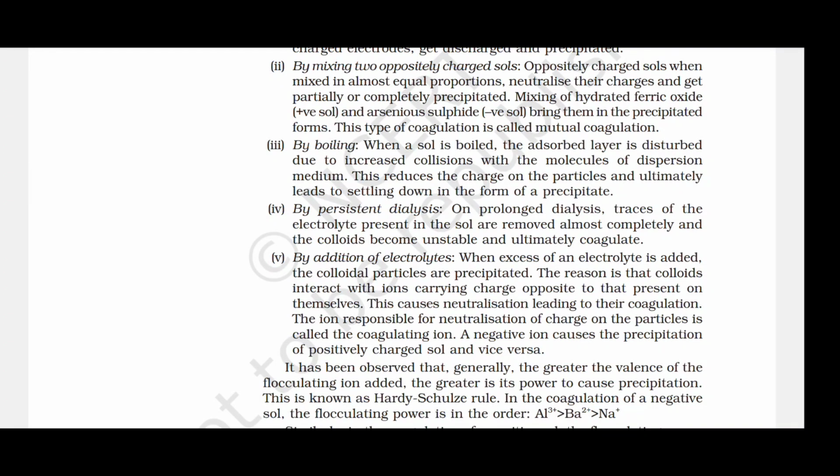When excess of an electrolyte is added, the colloidal particles are precipitated. The reason is that colloids interact with ions carrying charge opposite to that present on themselves. This causes neutralization, leading to their coagulation. The ion responsible for neutralization of charge on the particles is called the coagulating ion. A negative ion causes the precipitation of a positively charged sol and vice versa.